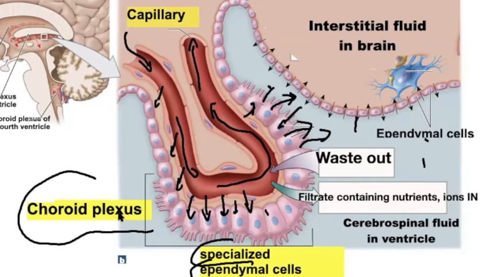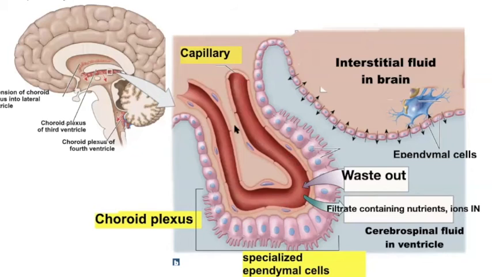So the choroid plexus is a conglomeration of capillary beds and specialized ependymal cells that make this filtrate safe for the brain by secreting it into the ventricular space, where it can be safely exchanged with the brain, both internally and around the brain. We'll talk a little about the transport, because the mechanisms of your blood-brain barrier are going to be kind of similar to this.